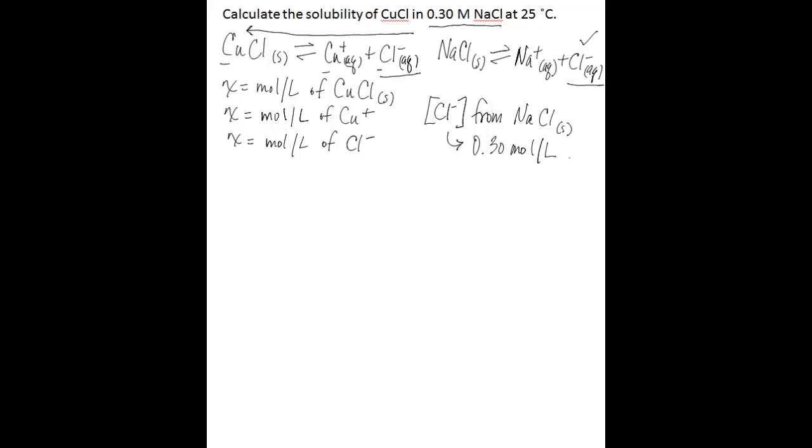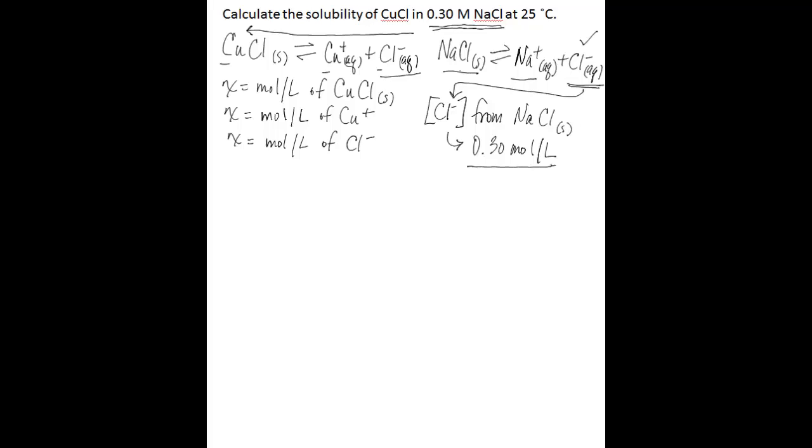Again, you know this because of the molar ratios in the balanced equation for sodium chloride. You're told that you have 0.30 moles per liter of sodium chloride, but for every mole of sodium chloride that dissolves, you get 1 mole of sodium and 1 mole of chloride. Therefore, the concentration of chloride is going to be the same as the concentration of the sodium chloride.